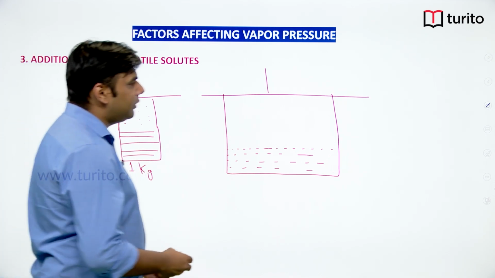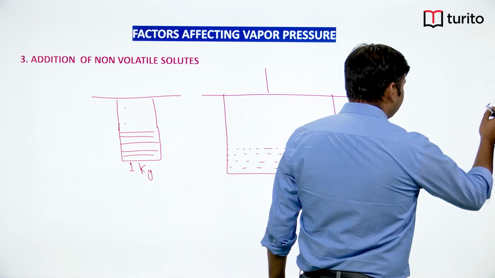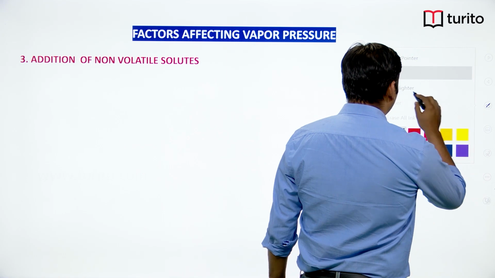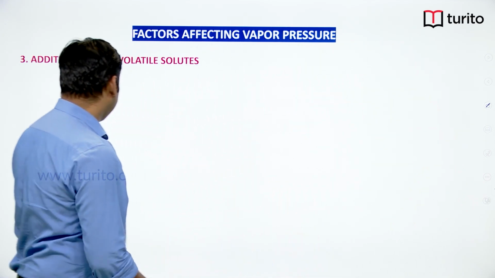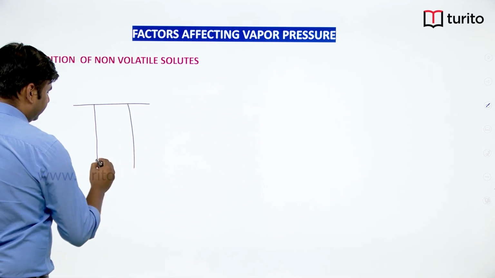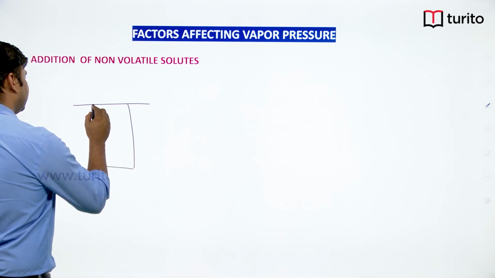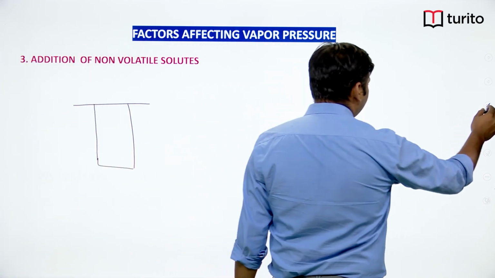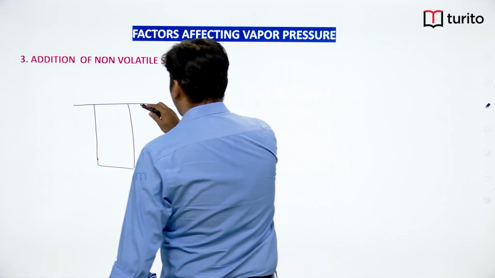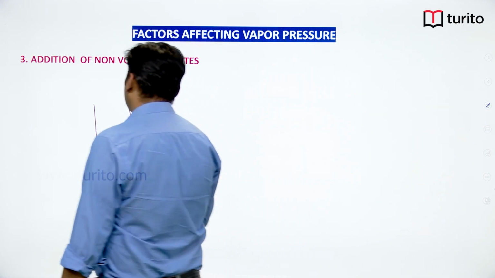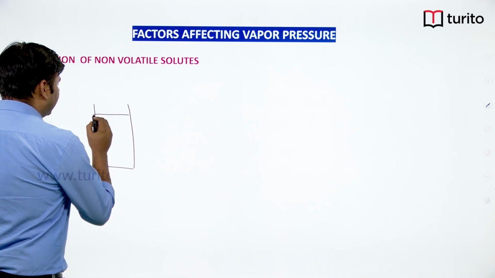So a very important and fundamental question that comes in this portion is, suppose we have a container, which is fixed, or let us assume that it has a movable piston on it. So we have a container fitted with a movable piston.